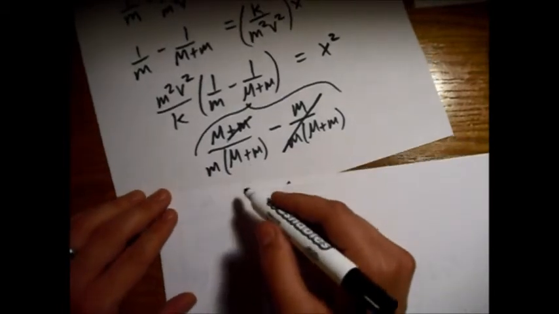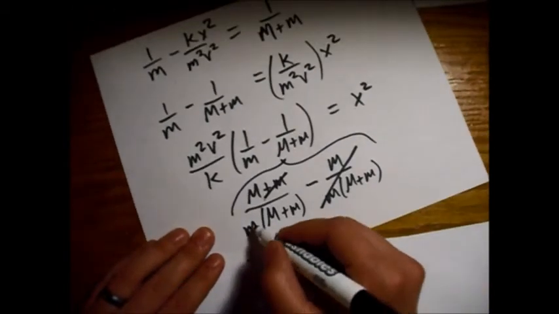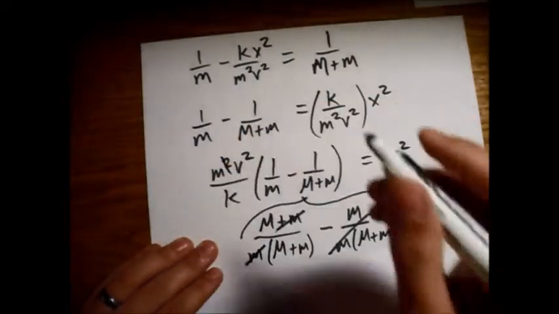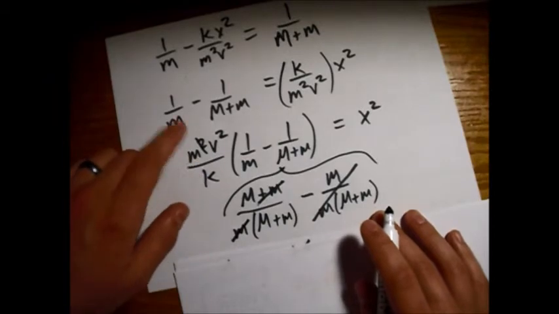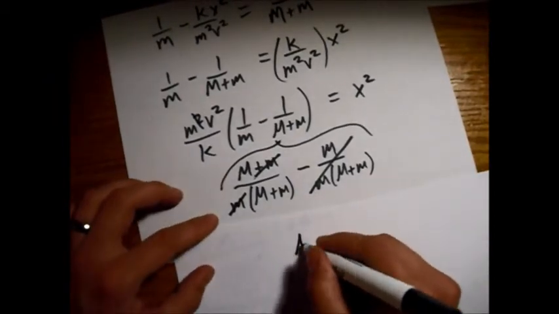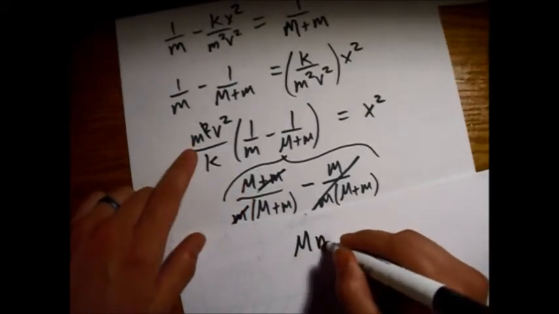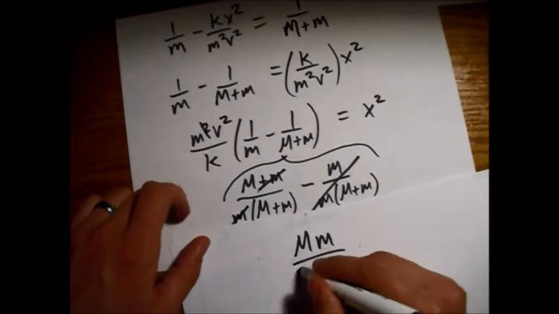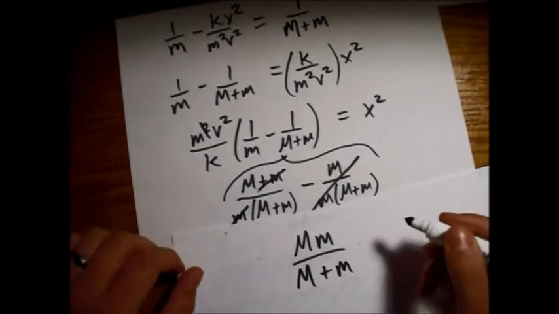What we have is, alright, and also downstairs, this little m will cancel with one of those m's up here. So for the part inside the parentheses, we have a big M times the little m that's left over up here times the big M plus the little m.